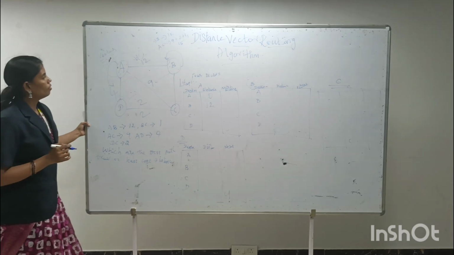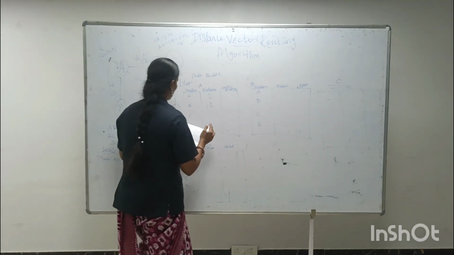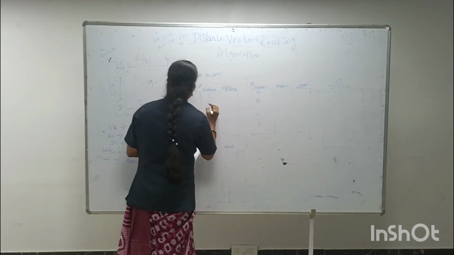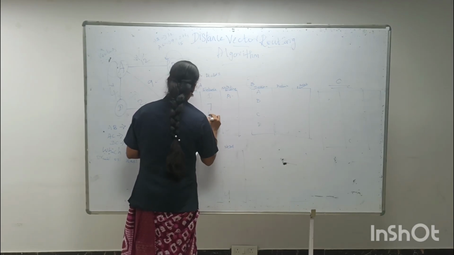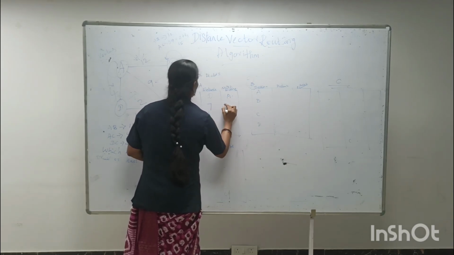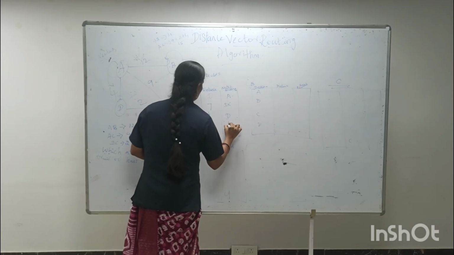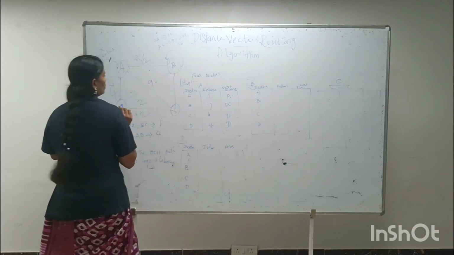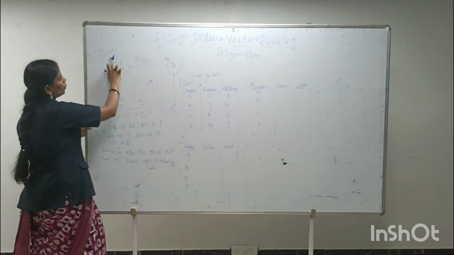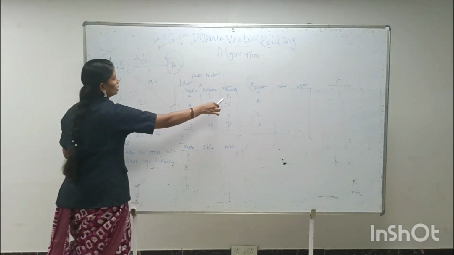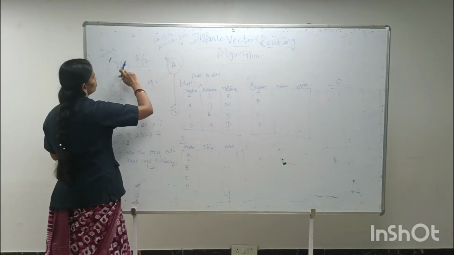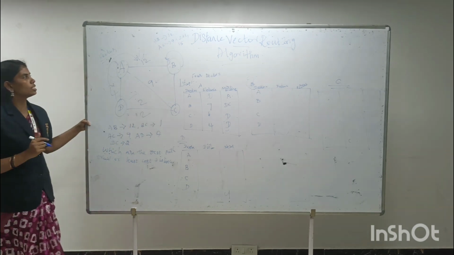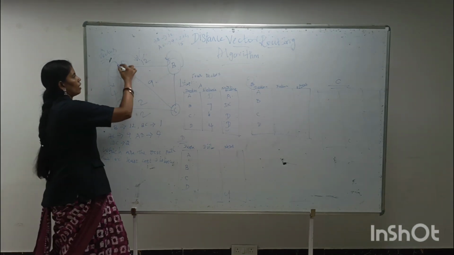So next for B and C, we are going to calculate the same. We have denoted here A to A the value is 0, so next A to B. We are going to calculate the distance, whatever the possible traveling time.